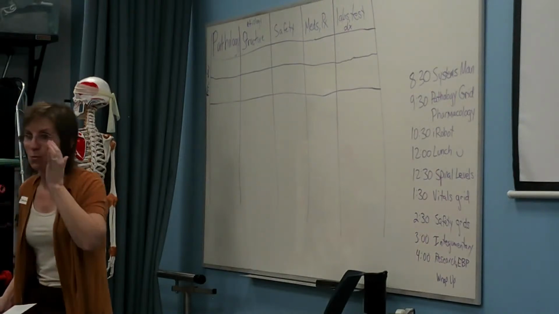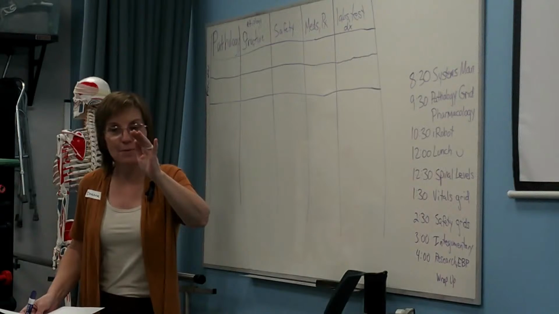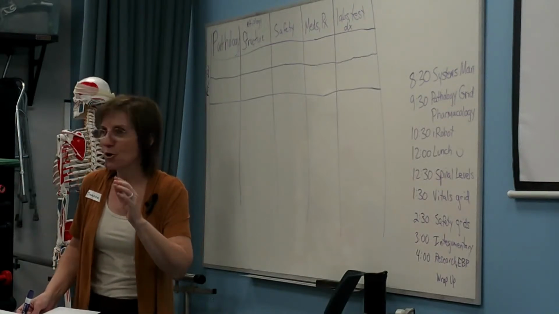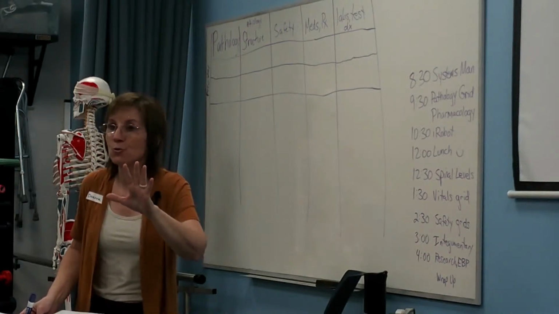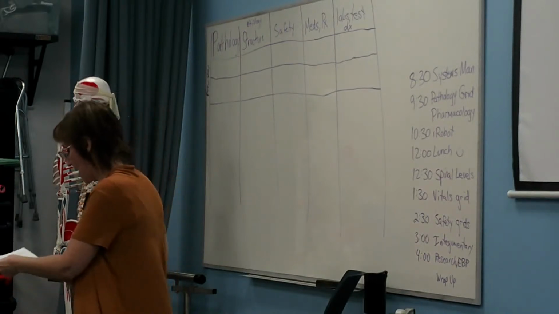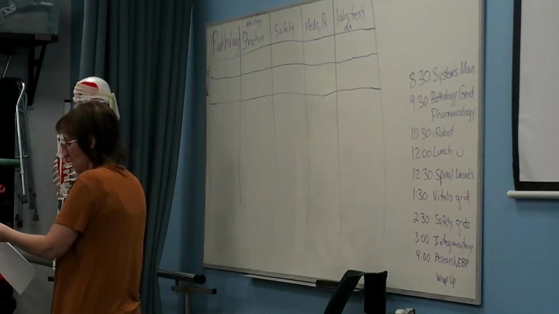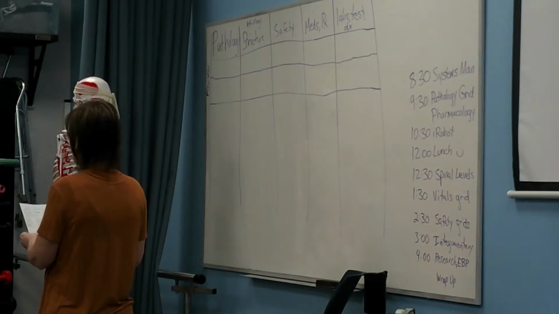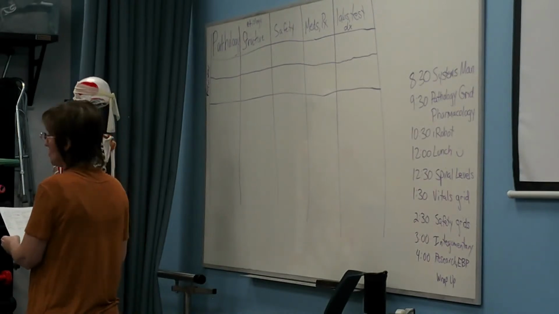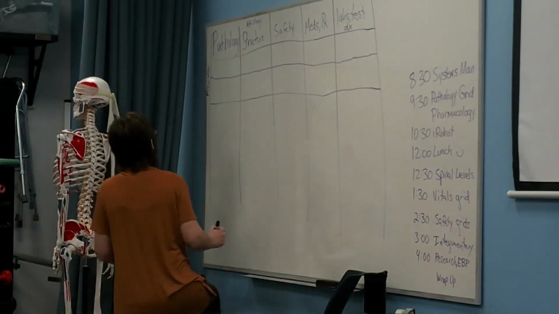How does your brain work? Would you put hyper on the top and hypo on the bottom? Or would you put hypo first because it's less than hyper? Whatever one you want to do. I'm going to put hypo on the top. Nah, I lied. I'm putting hypo on the bottom.